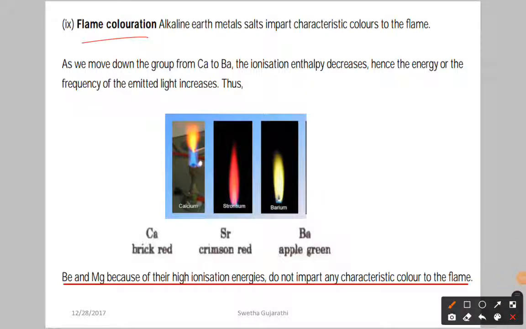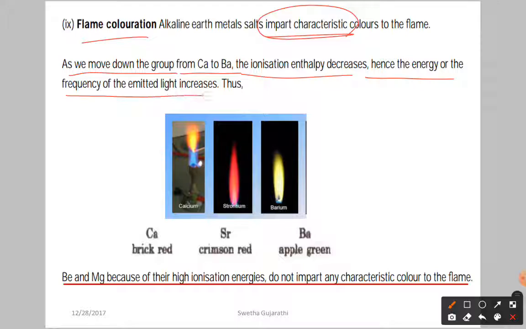Alkaline earth metals impart characteristic colors. What are the colors we can see here? As we move down the group, from calcium to barium, the ionization enthalpy decreases, hence the energy or frequency of emitted light increases. Beryllium and magnesium, because of their higher ionization energy, do not impart any characteristic color to the flame.